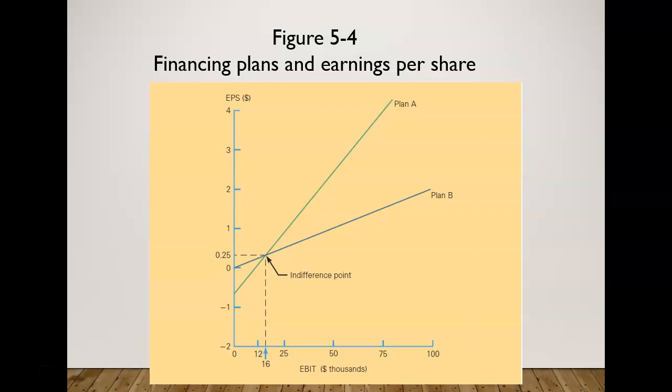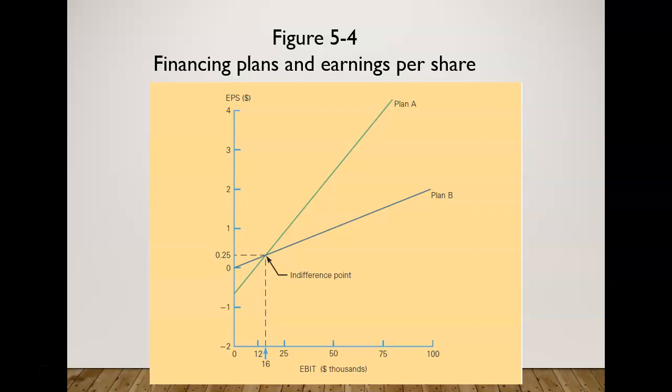Now, in this financing plan, we can show earnings per share for both companies A and B, and we can show the indifferent point between the two. As you look at both plans, you can see that the earnings per share line of the more aggressive company is steeper than that of the more conservative firm.